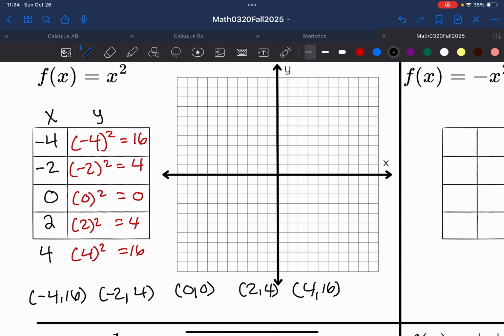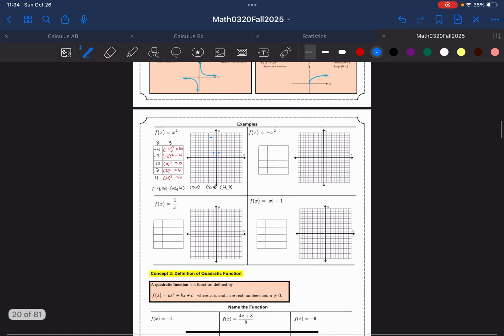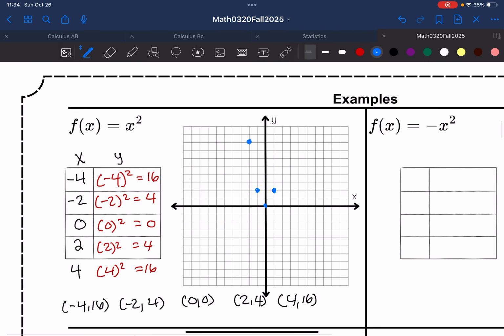So I'm going to start plotting my points. I have negative 4, 16. So that would be 2, 4, 6, 8, 10, 12, 14, 16. That's right here. Then I have negative 2, 4, 0, 0, 2, 4, and oops, sorry, my iPad's a little sensitive. And then 4, 16.